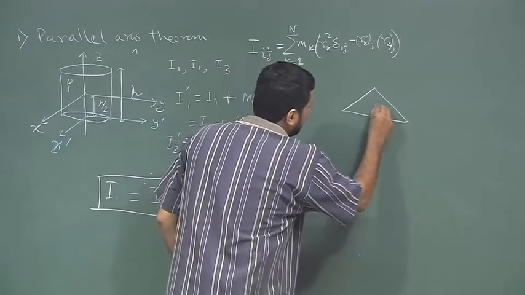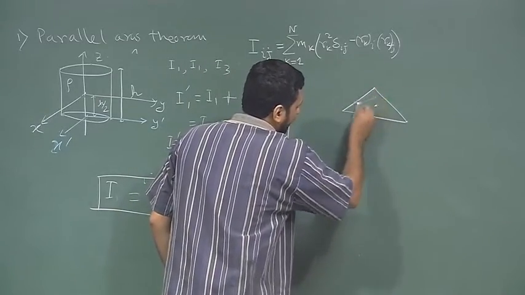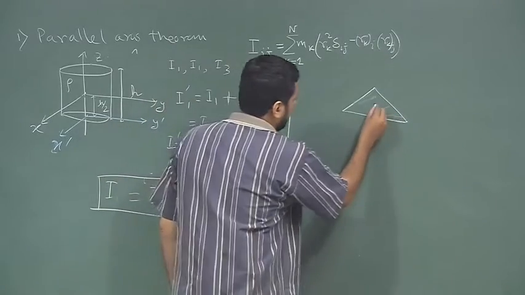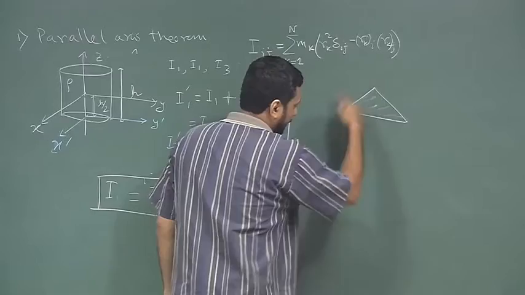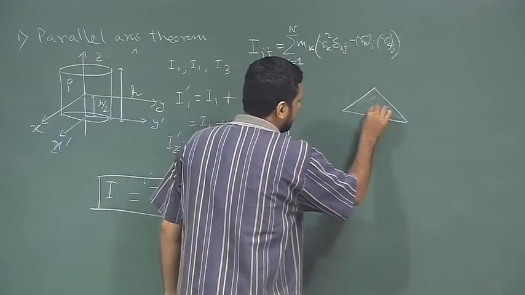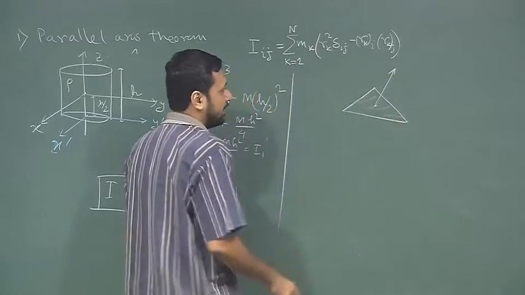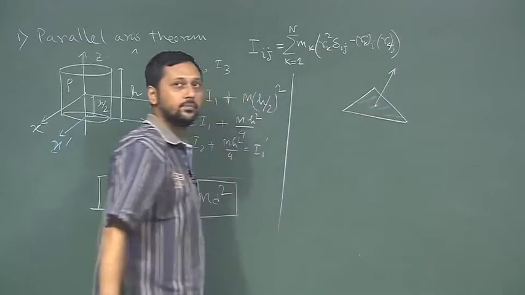The center of mass will be somewhere on this plane by the symmetry of the problem. Now, we have to find the moment of inertia about an axis which is perpendicular to the plane of the triangle and going through the center of mass.